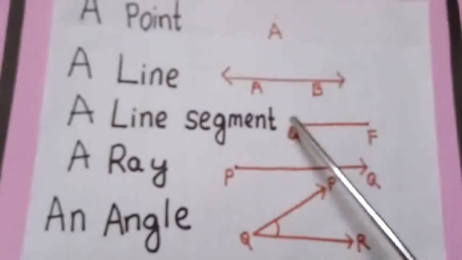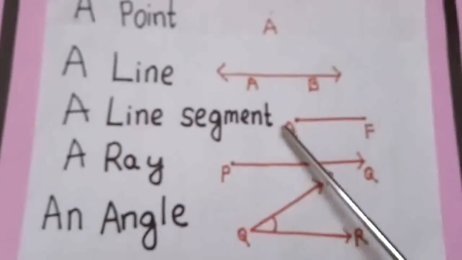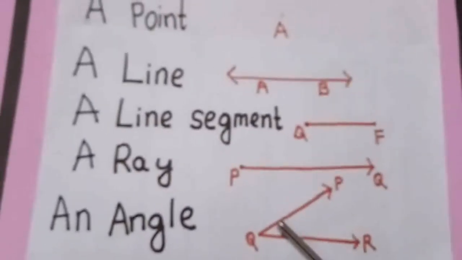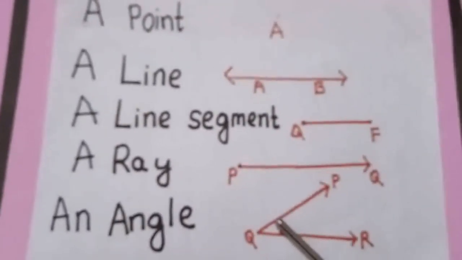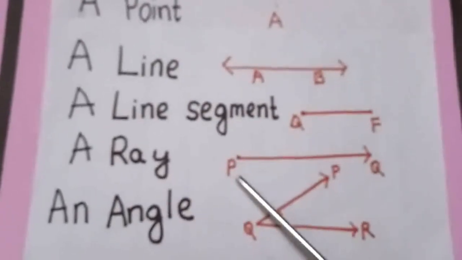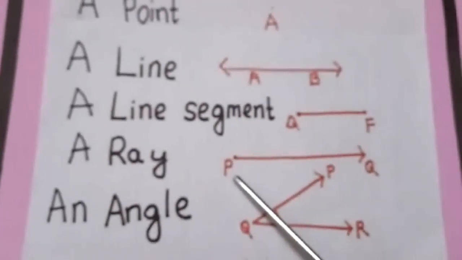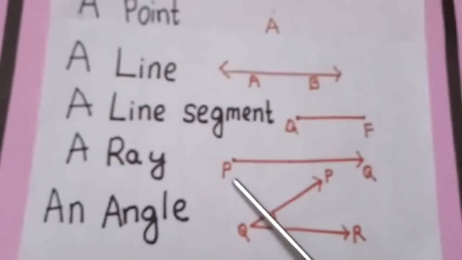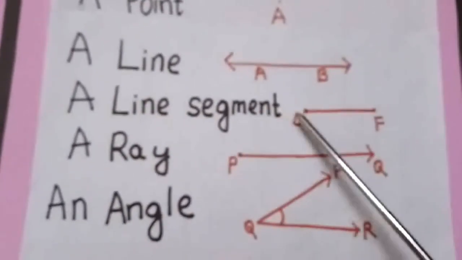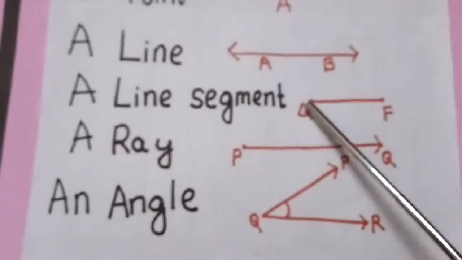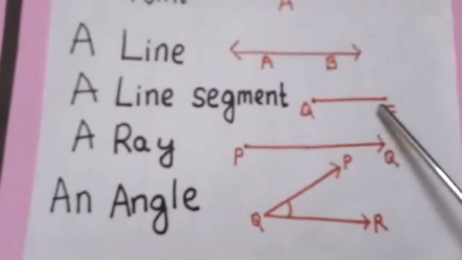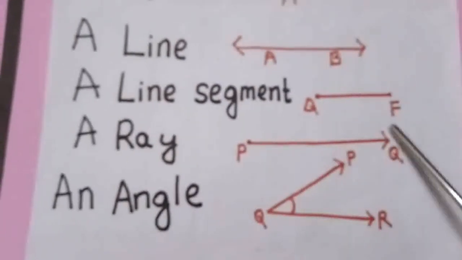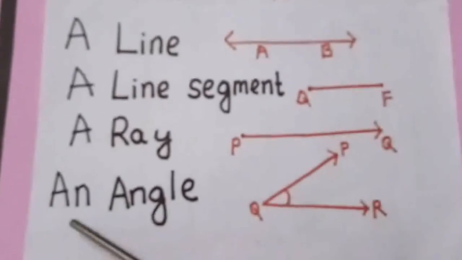Line segment. Part of a line is called a line segment. Here QF is a line segment. Then a ray. A ray is a set of points along a straight line. Here a line segment has both starting and ending points, but a ray has only a starting point but no ending point.